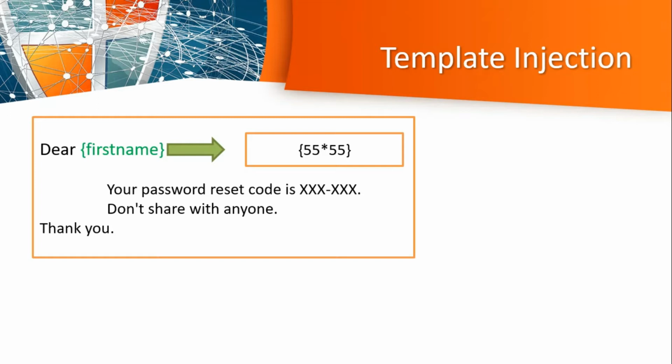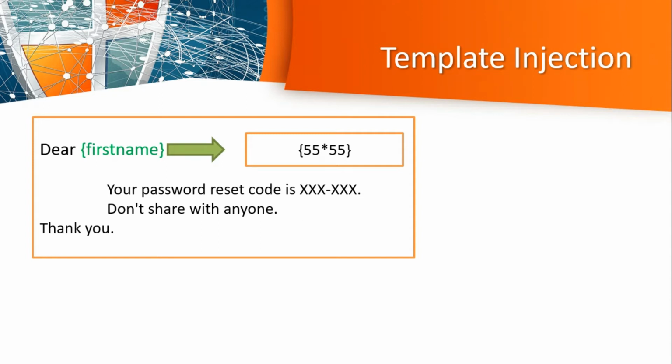I'm just giving a random example: Dear first name. Here I'm passing my name, and I get an email something like, Dear Puneet, your password reset code is 123456. Don't share with anyone.